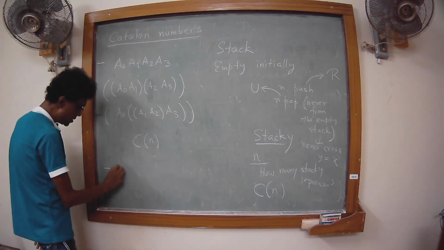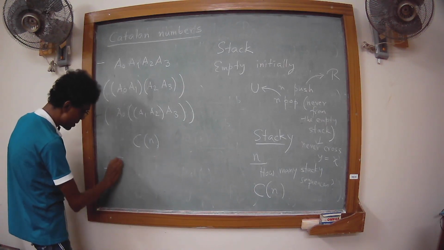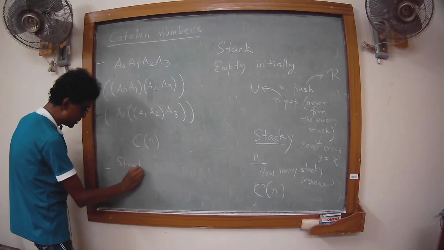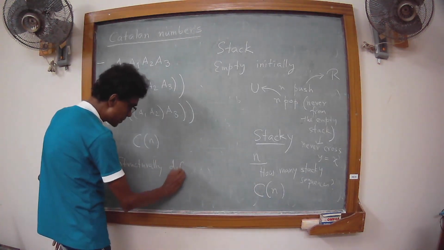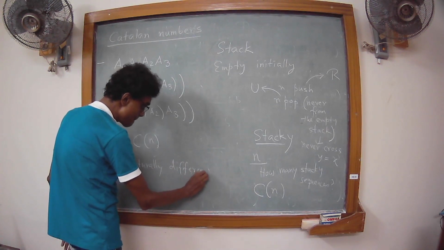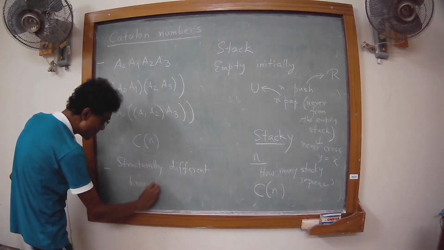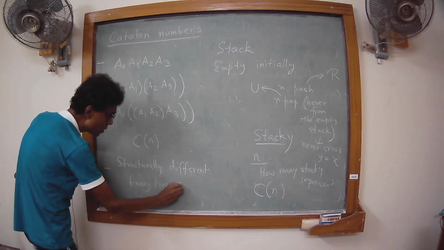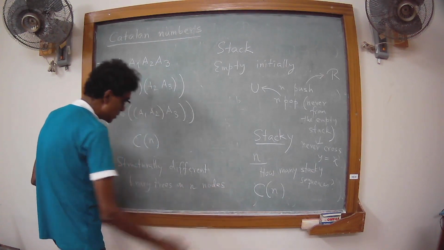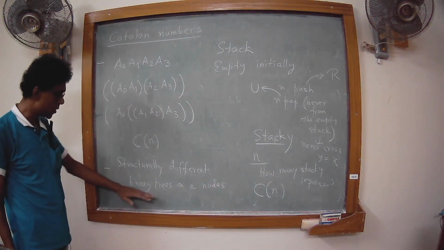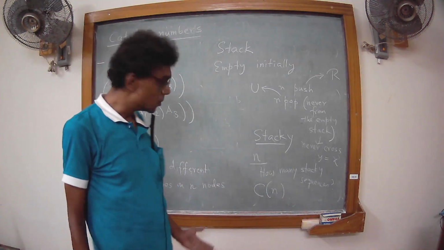And this is another thing which you are possibly not already familiar with: structurally different binary trees on n nodes. In your algorithm course you will understand what a binary tree is and what the structure of a binary tree is.